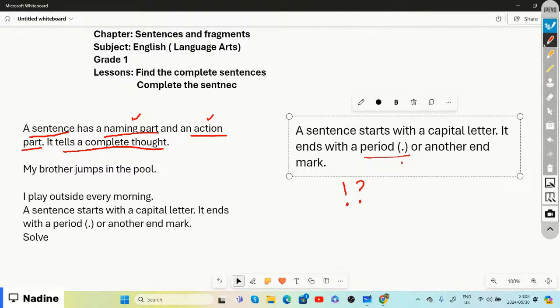And if we look at a few examples of different kinds of sentences, specifically ones that end with a period, the first one is: My brother jumps in the pool.